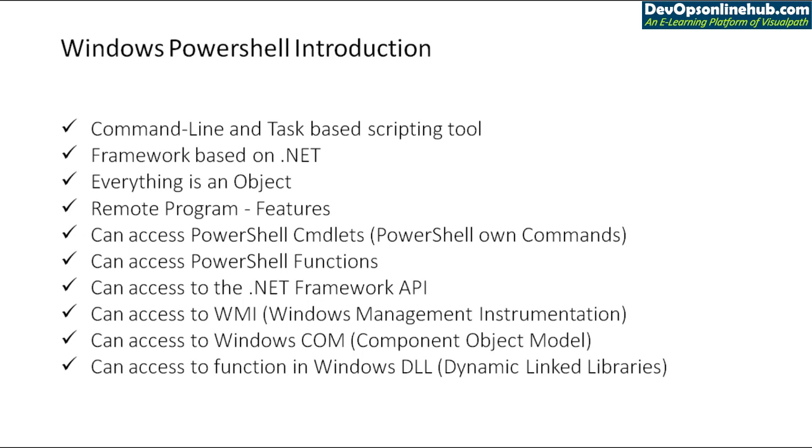Next, with PowerShell we can also access WMI. WMI is nothing but what? Windows Management Instrumentation. So with this we can access the low level of the Windows platform as well. We also can access Windows COM components, component object models, and we also can access the functions in the Windows DLLs, dynamic link libraries, right?